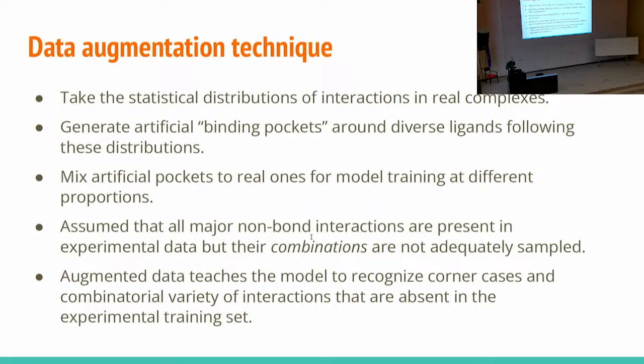You can do millions of such complexes, and you can present them to the model. And the assumption here is that all the major interactions between the proteins and ligands are already present in the experimental data on PDB, but there are not enough combinations. And by doing these artificial complexes, we are kind of sampling all these combinatorial variants and providing these combinations to the model.